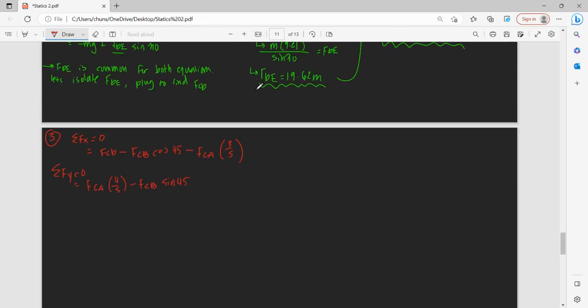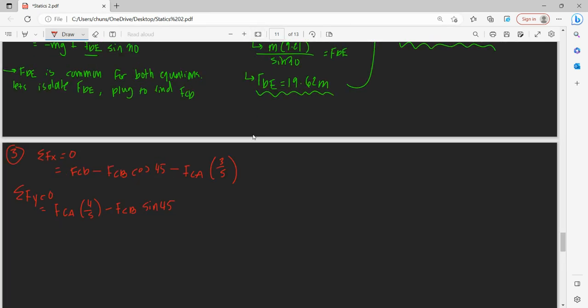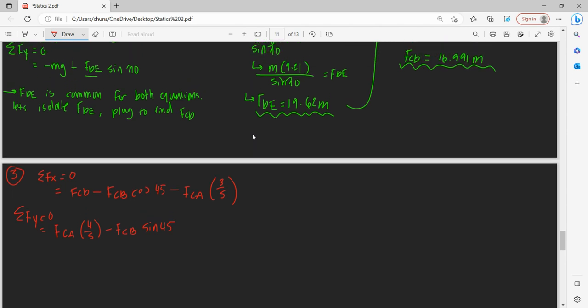So now we're going to plug in for the values that we know. So let's start by plugging in FCD in our Fx equation. So I'm just going to draw an arrow to show our work.